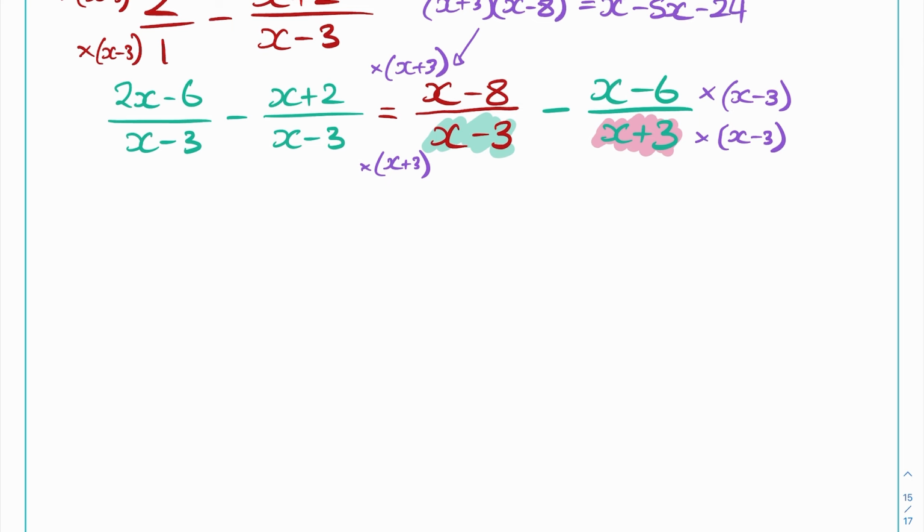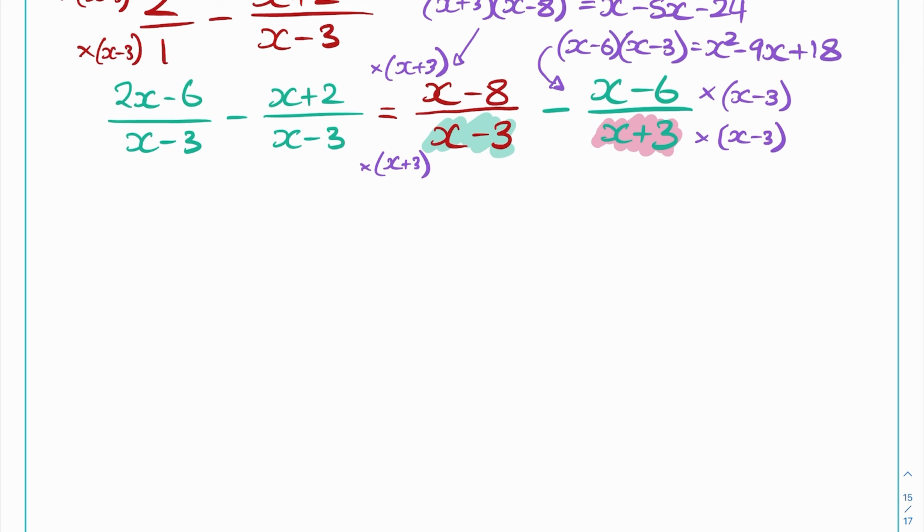Take your time expanding those. This one here is going to be x minus 6 multiplied by x minus 3. And that's going to give us x squared minus 3x minus 6x, which is minus 9x. And then negative 6 times negative 3 will give us positive 18.